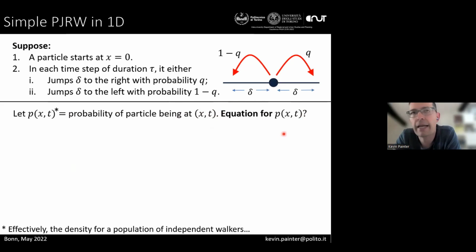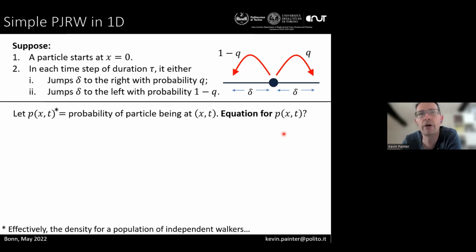In what follows, I'm going to assume that I've got some population of independent walkers. And in that case, we can reinterpret this as effectively the density of a population of independent walkers. But you can think of it in those two different ways, either the probability of a single particle being at position x at time t, or if we have a population of independent walkers, we can regard it as a density of that population.